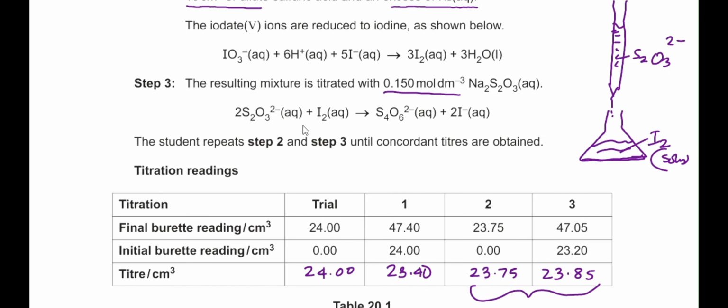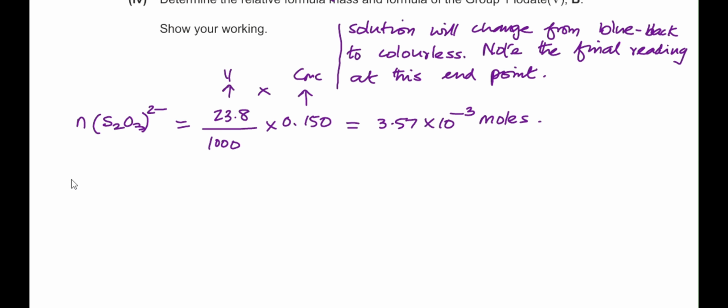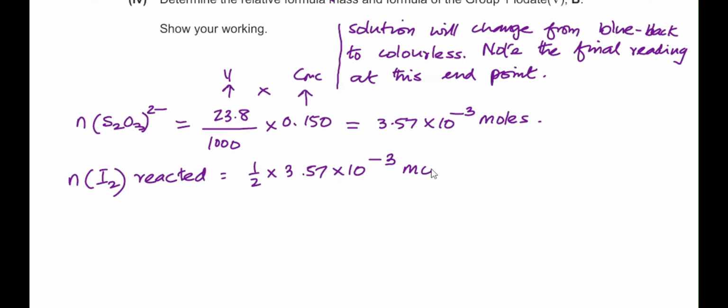From this reaction equation, we know that the ratio of thiosulfate to iodine is 2:1. Therefore, number of iodine moles reacted will be half of 3.57 times 10 to the power of minus 3 moles.